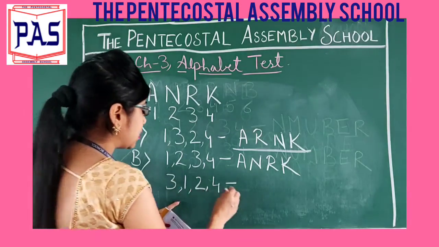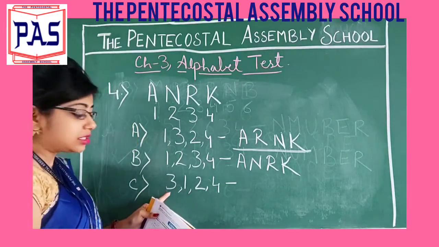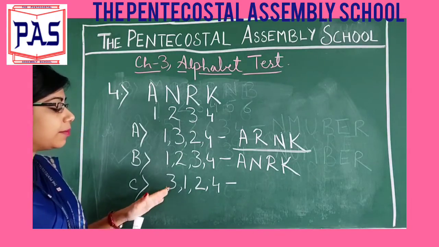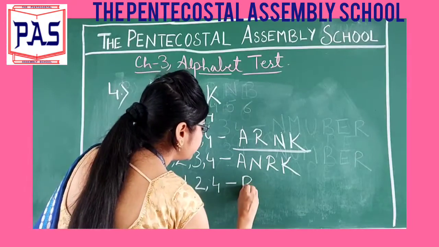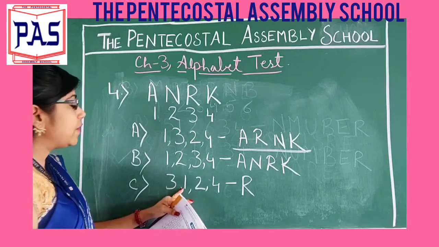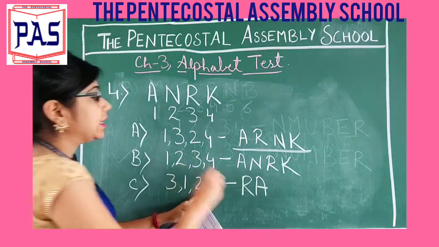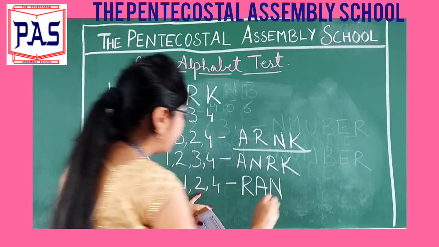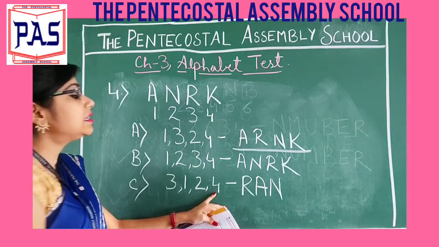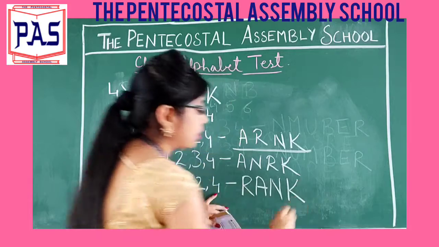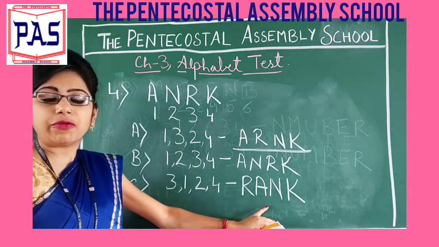The letter indicated by number 3 is R. 1 indicates A, 2 indicates N, and number 4 indicates K. Rank. Rank is a meaningful word.